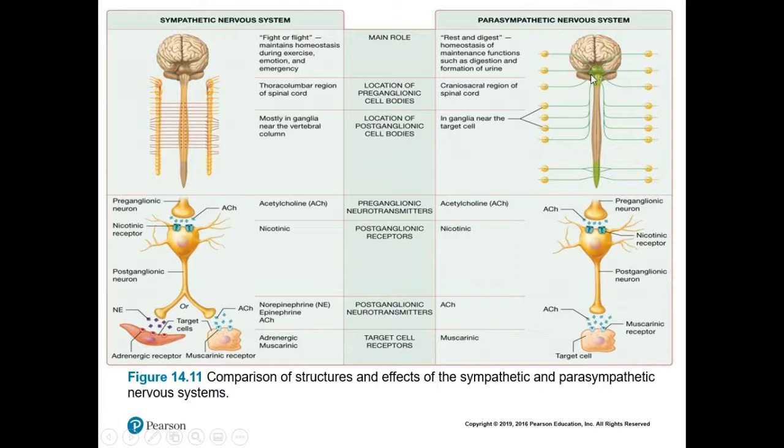Under parasympathetic, you want brainstem and sacral nerves to be activated. The neurotransmitters are essentially the same in both, acetylcholine. But the thing is that the parasympathetic does not utilize adrenaline, right? It uses acetylcholine. That's the difference between the two. Whereas sympathetic utilizes adrenaline in the form of norepinephrine and epinephrine, right there.